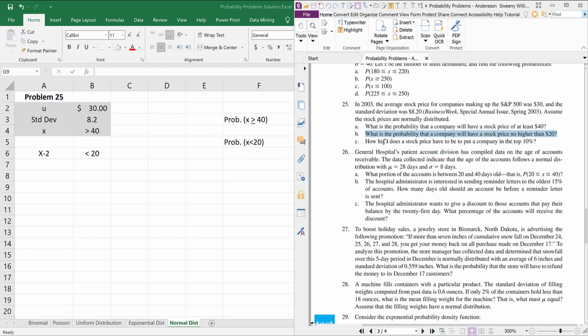And the next question is, how high does the stock price have to be to put a company in the top 10%? We won't do it here, but I can quickly give you an idea. For this one we will make a bell curve, and on the extreme right side there will be an area that's top 10%, which means all the other area will be 90%.